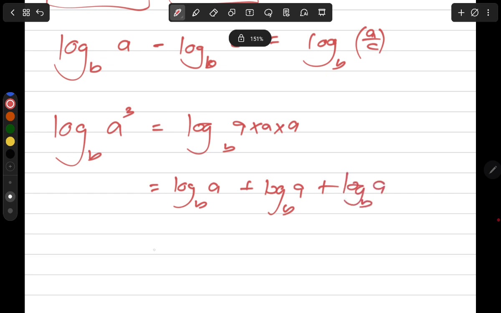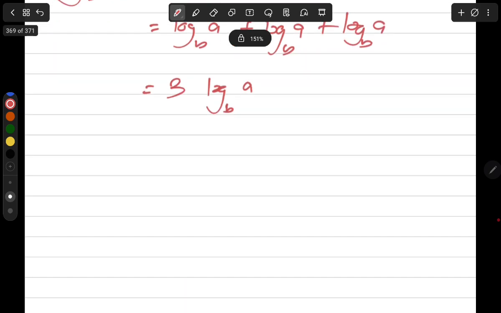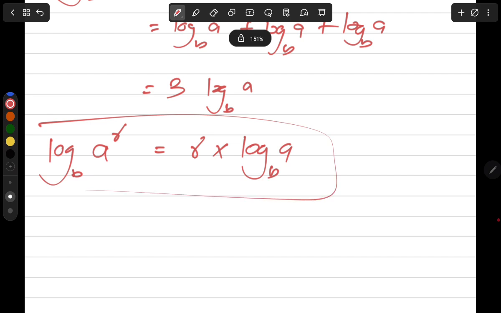Because these are three logs, I can rewrite it as 3 log a base b, right? So the exponent of the argument becomes the coefficient of the logarithm. Very easy. So we can rewrite this power rule as log a to the power r, with base b, makes it r times log a base b. So this is the power rule. Okay.